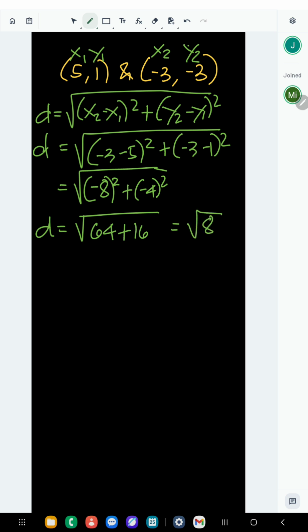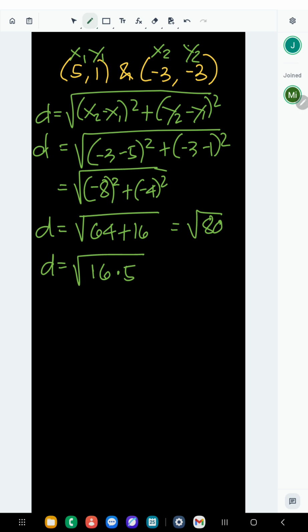Then what are the factors of 80? 80 can be 40 times 2 or 20 times 5. But 20 is, no, maybe 16 times 5, right? 16 times 5 is 80.